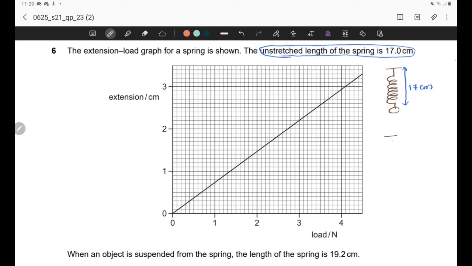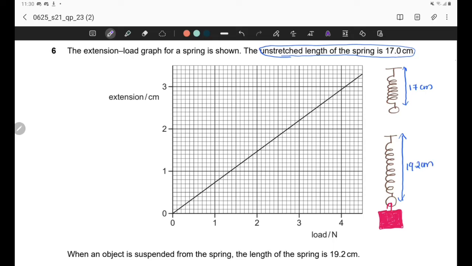Once an object is suspended, definitely we know that the spring will extend. So this is the new object suspended. As a result, the spring extended to a new length, and that new length is 19.2 centimeter.